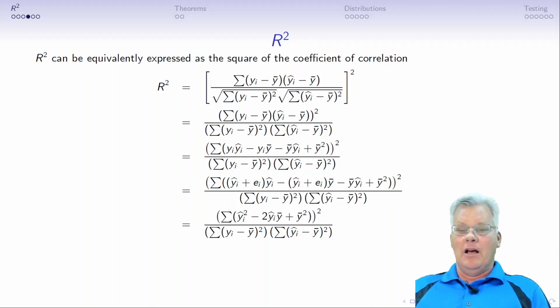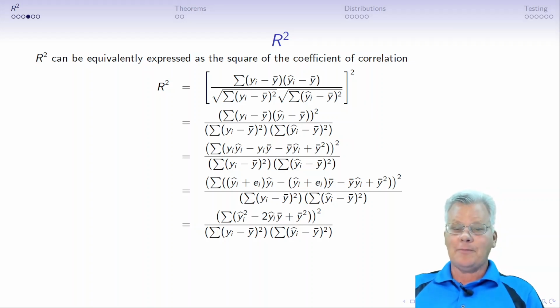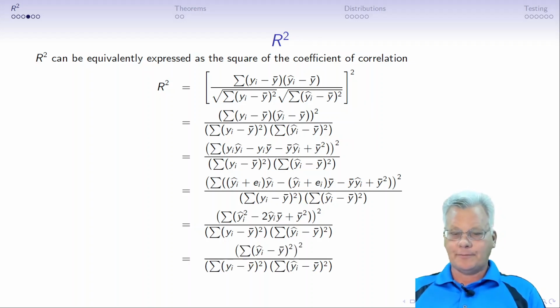The sum of y bar times e i is equal to 0, so that term falls out, and then I have consolidation of like terms, and I get this new expression in the numerator. Right, the sum of y hat i squared minus 2 y hat i y bar plus y bar quantity squared. Okay, and then that whole term is squared.